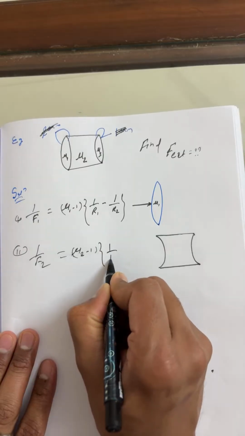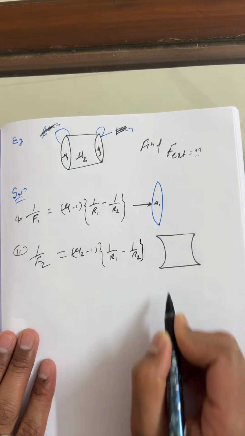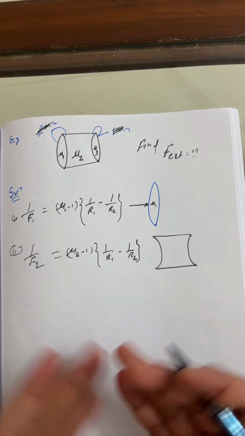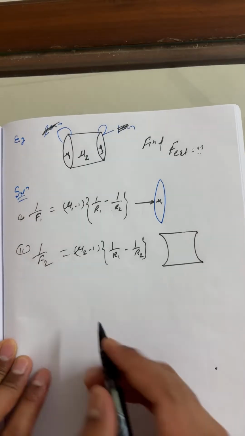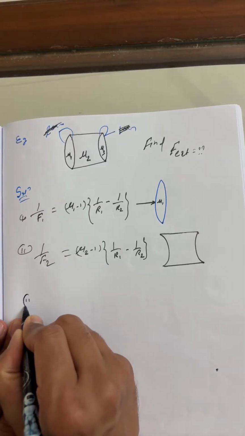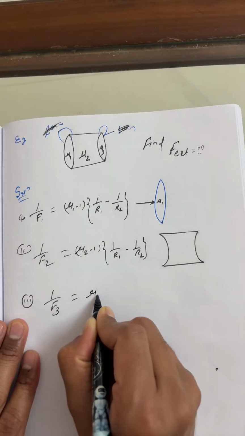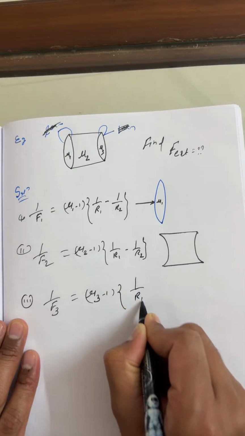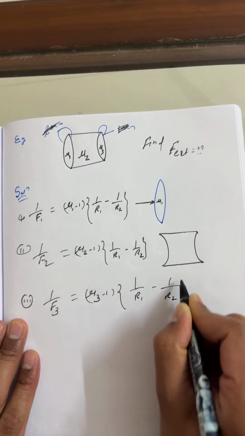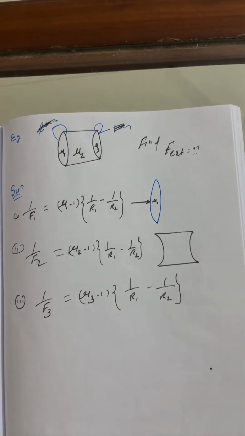This is 1 upon R1 minus 1 upon R2. Here, students, I'm just writing the formula, giving the approach. Now, beta, this is the third one: 1 upon F3 is mu3 minus 1 into 1 upon R1 minus 1 upon R2. This is the point, bacha, which you can keep in your mind.